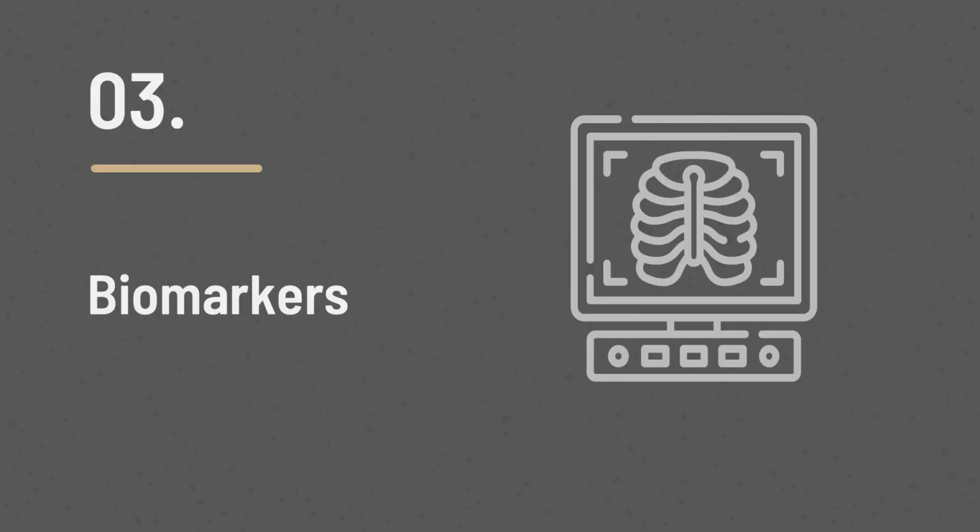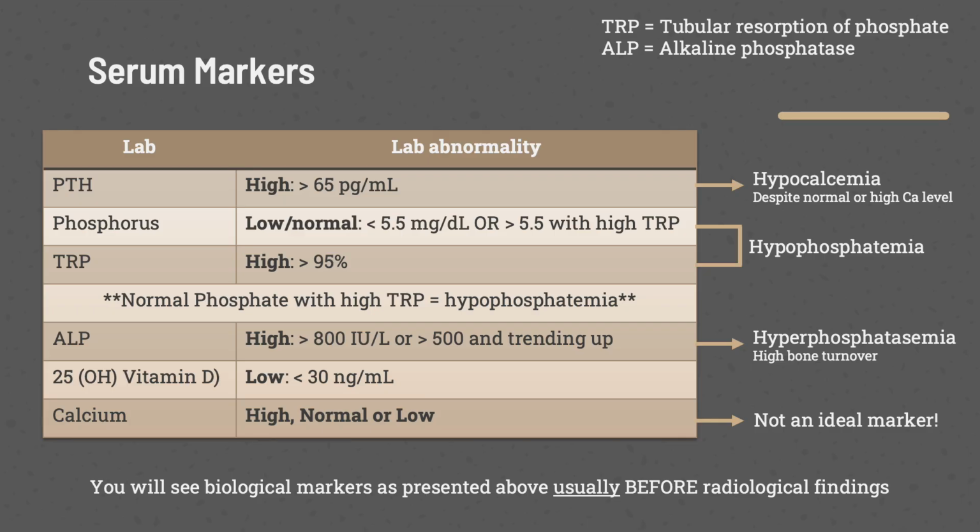So now let's discuss biomarkers and what these look like in patients who may be progressing into metabolic bone disease. We'll start at the top of the graph here with PTH, or parathyroid hormone. This is typically high in infants who are suffering from metabolic bone disease due to it trying to combat hypocalcemic levels.